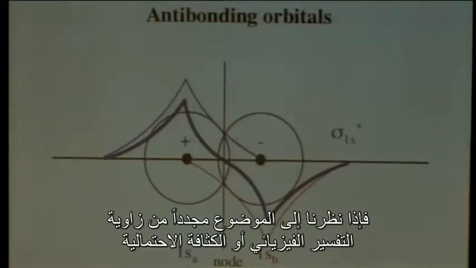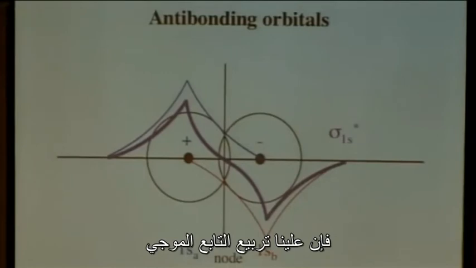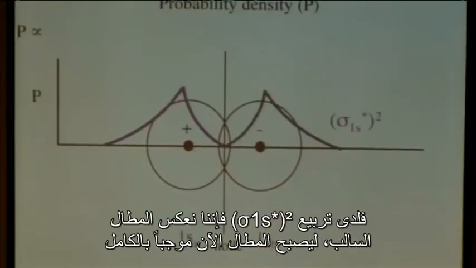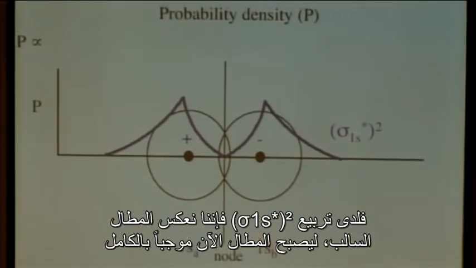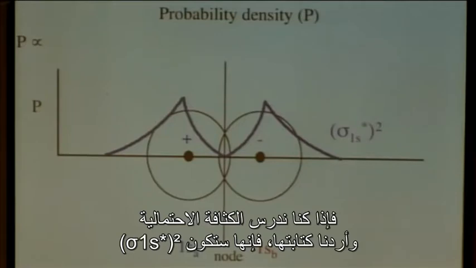So again, if we look at this in terms of its physical interpretation or probability density, what we need to do is square the wave function. So if we square sigma 1s star, we flip the amplitude so it's all positive now, but again, we still have this node right in the middle. So if we talk about the probability density and we write that in, it's going to be sigma 1s star squared.